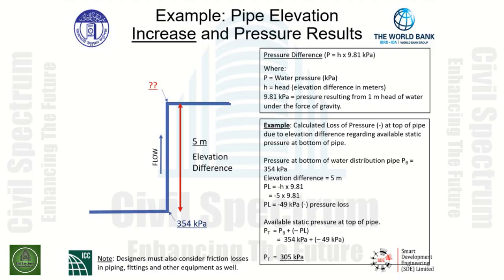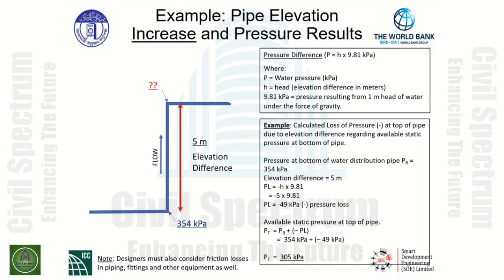As an example, at the lower portion of the piping system as indicated in the drawing, we have a pressure at the bottom of this particular riser of 354 kilopascals. We have a 5 meter elevation difference in the upward direction. We need to supply water to a second floor.